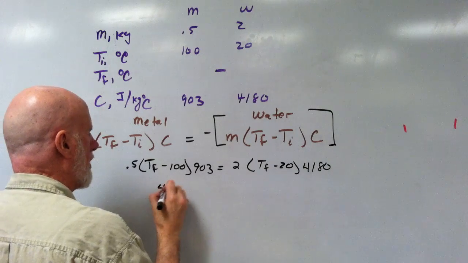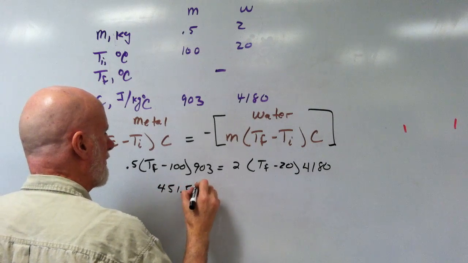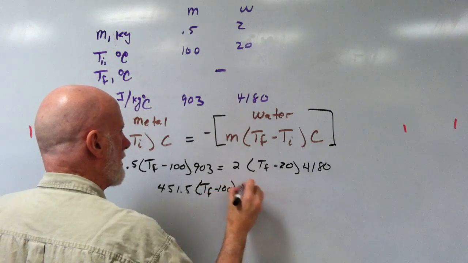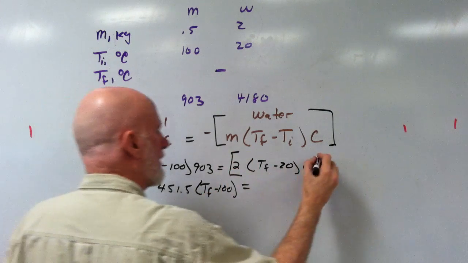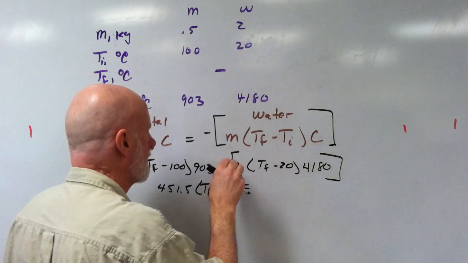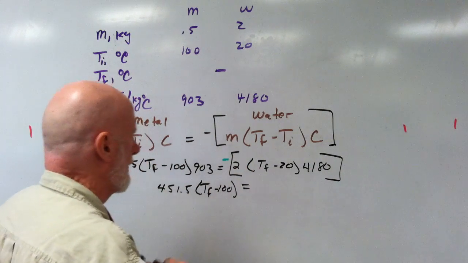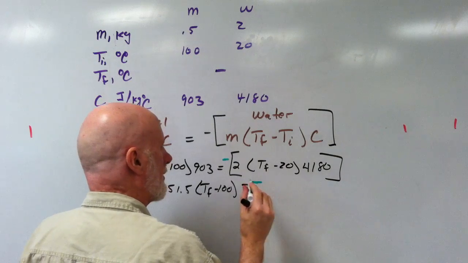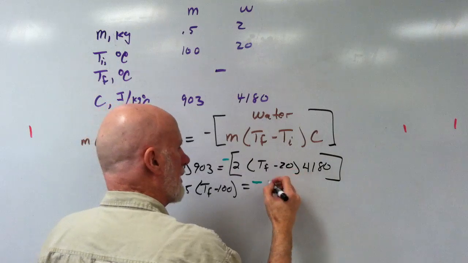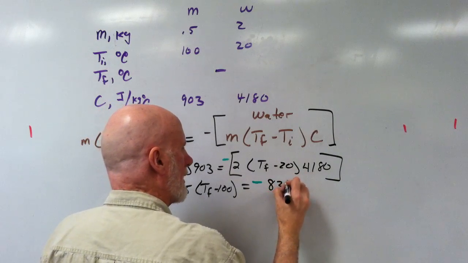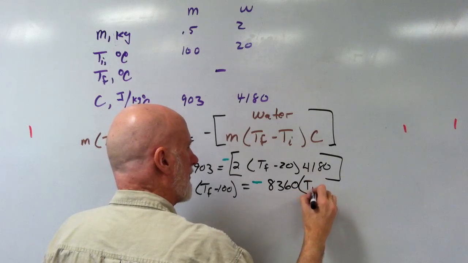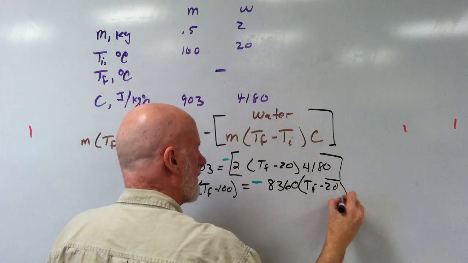This is going to be 451.5 (TF minus 100) equals, don't forget the negative sign here. Let me put that in a different color. Okay? So this will be 8360, correct? TF minus 20.